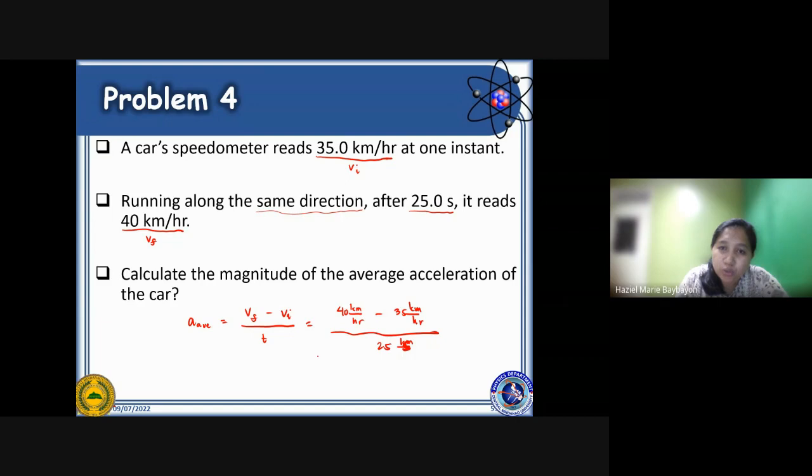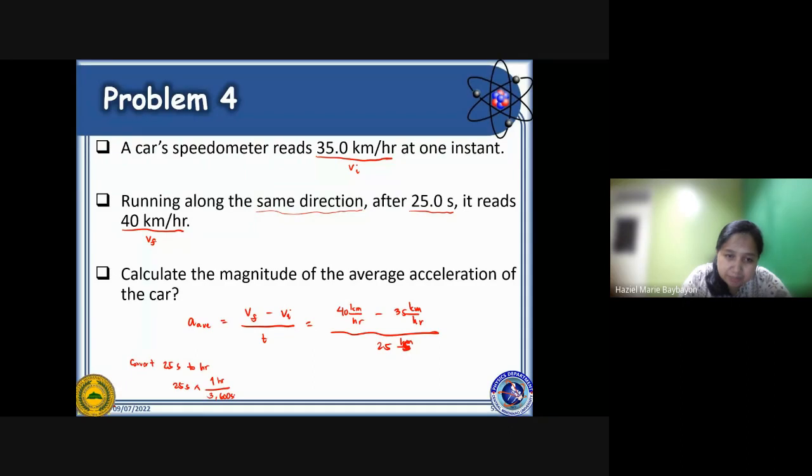So we can convert 25 seconds to hours. So, how do we convert it? Convert 25 seconds to hour. So, 25 seconds multiplied by 1 hour equals, how many seconds is that, class?